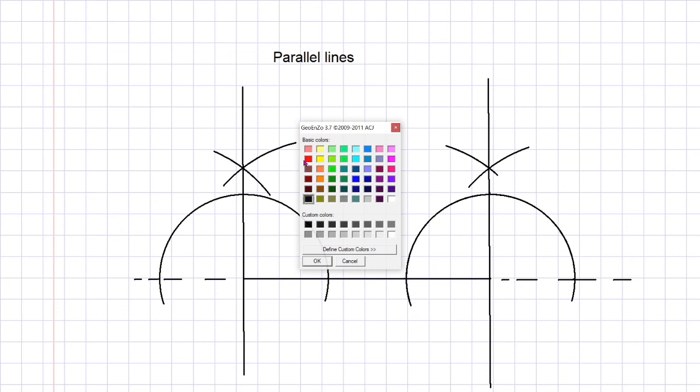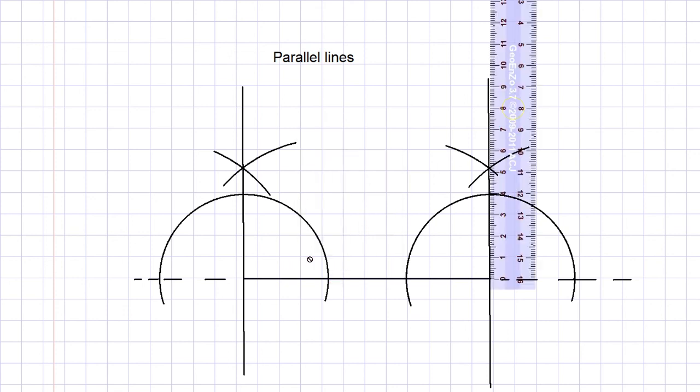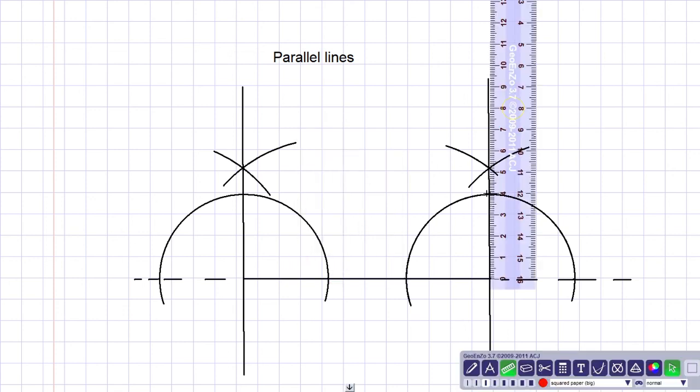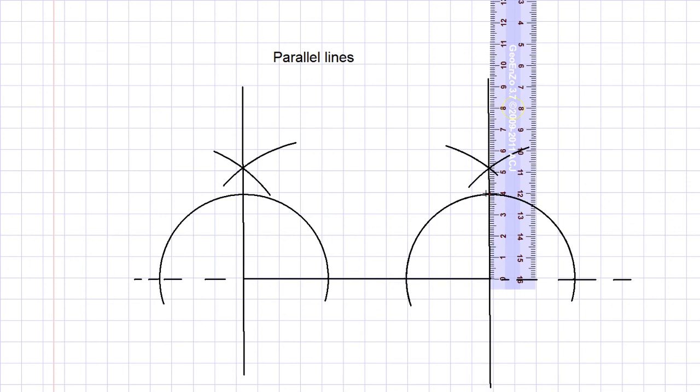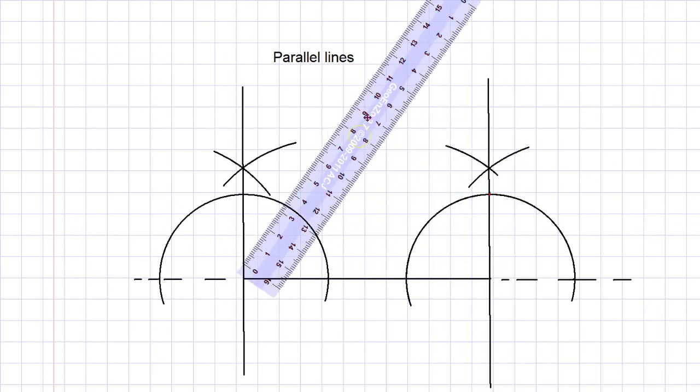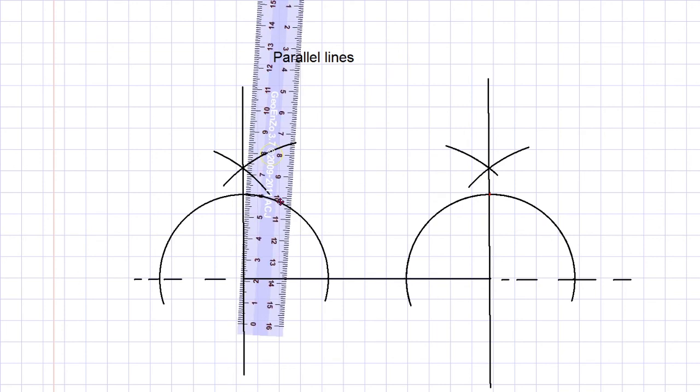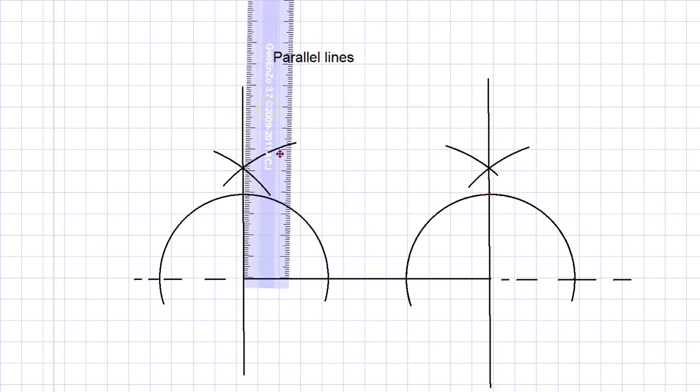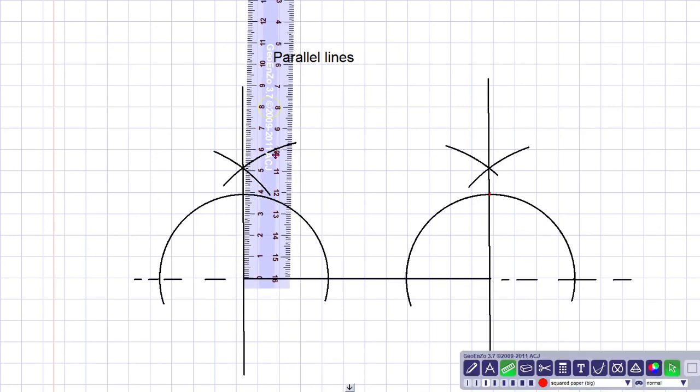I will mark using red color. This place is 4 centimeter. Here also 4 centimeters.